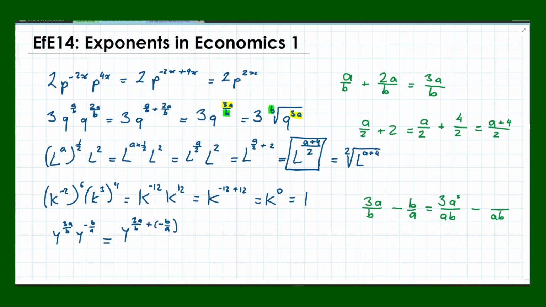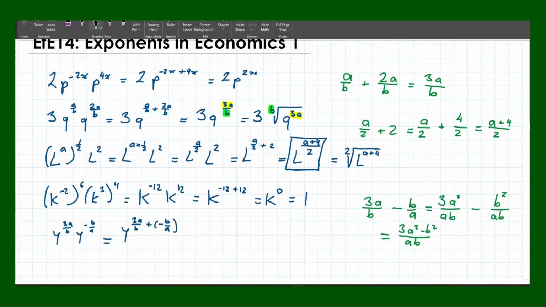In the second fraction, what I have is b over a, and the common denominator is a times b. So a is already there in the denominator, but b is missing, so I need to multiply the numerator by b as well. So b times b makes b squared, for the same reason as a times a makes a squared. So to be a little bit more concise, I can write it as 3a squared minus b squared over a times b.